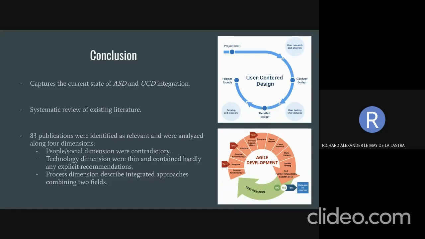The results for the people-social dimension were contradictory and therefore impeded generalization. The results for the technology dimension were thin and contained hardly any explicit recommendation. The results for the process dimension described integrated approaches combining the two fields, confirmed earlier prescriptions, and discussed key challenges with regard to this dimension.